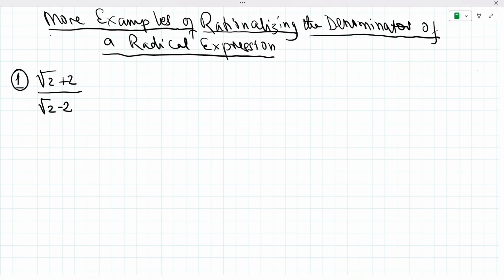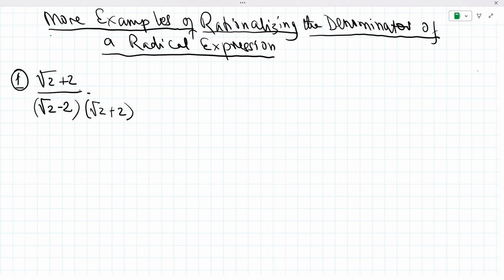And like in our previous lesson, we are supposed to multiply the denominator by conjugate binomials or a radical conjugate. So in this case, we have to multiply the denominator by its conjugate, and that will be root 2 plus 2.